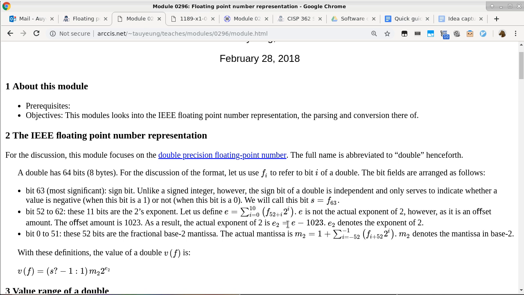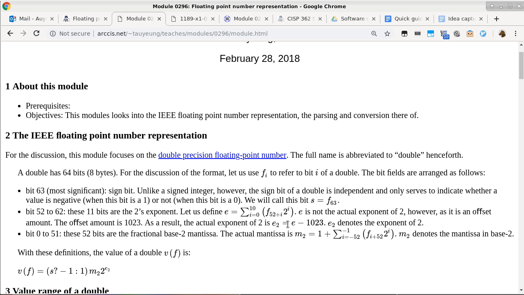So a double has 64 bits, 8 bytes, and for the discussion of the format, we'll use these notations. f of i refers to bit i of a double. So we are basically talking about 64 binary digits stuck together.